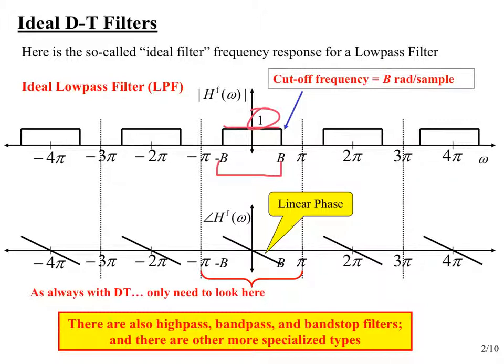The other thing is that we do allow a linear phase response, and we'll get into a little more discussion as to what it means to have linear phase. Basically, linear phase is just as we're showing here. The phase function looks like a straight line that goes through the origin. The slope of that line leads to the amount of delay that would be imposed upon a signal whose Fourier transform lies completely in this passband.